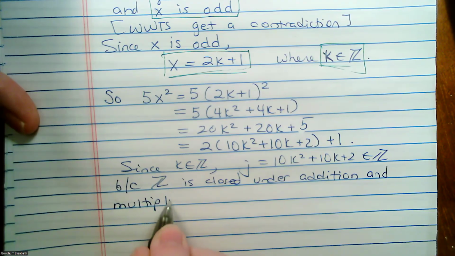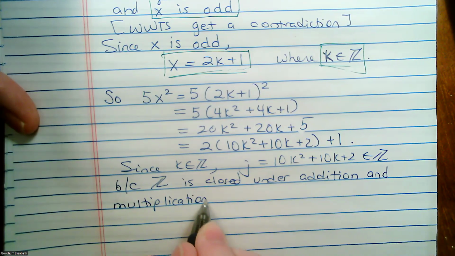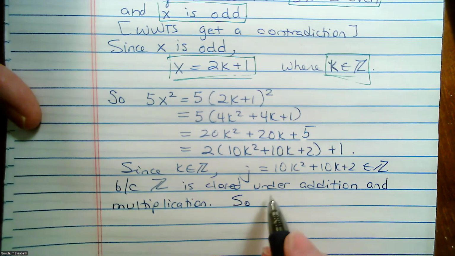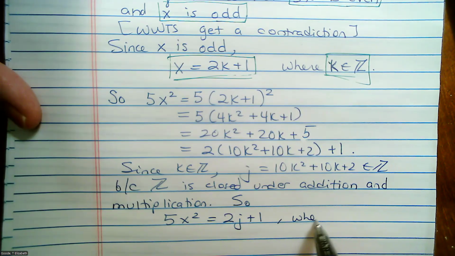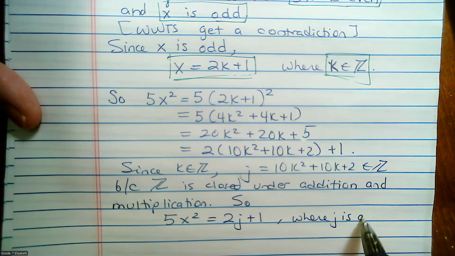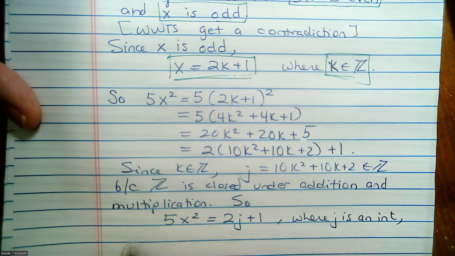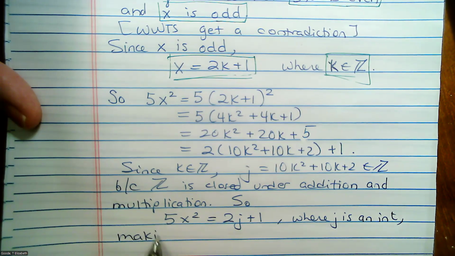You can talk about Z as a set being closed. So 5k squared does equal 2j plus 1, where j is an integer, making 5x squared odd, right?